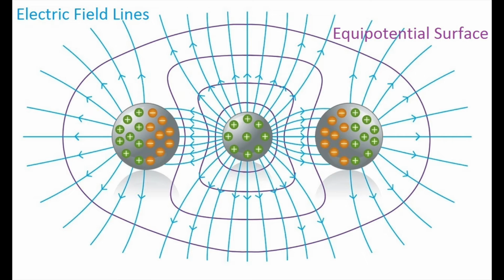If these points are connected by a line or a curve, it is known as an equipotential line. If such points lie on a surface, that surface is known as an equipotential surface. Further, if these points are distributed throughout a space or a volume, it is known as an equipotential volume.